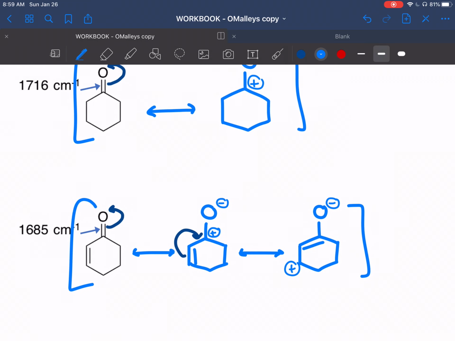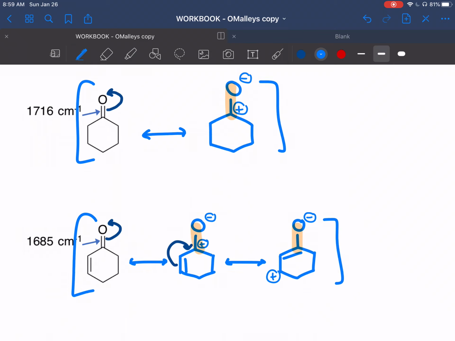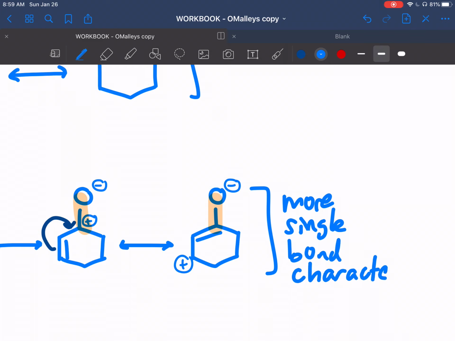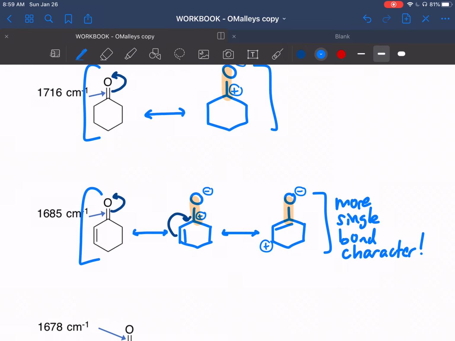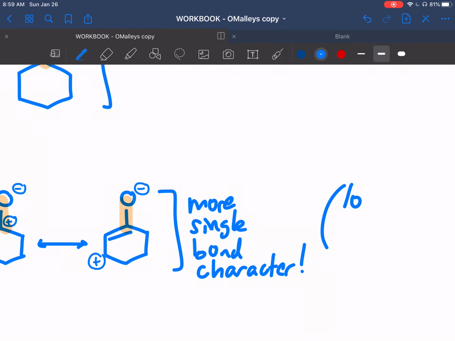So this has more resonance contribution, and as a result, if we just look at the contributors that have a single bond associated with them, there's one in the first example, but there are two in the second example. This has more single bond character because of that resonance. And if there's more single bond, that means it's a longer bond.